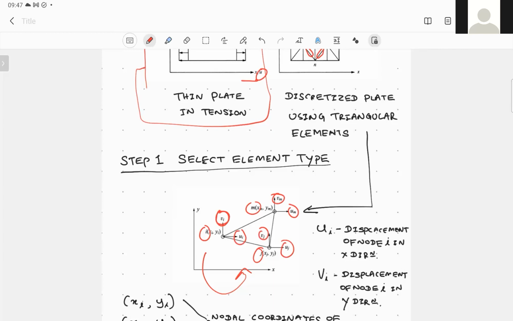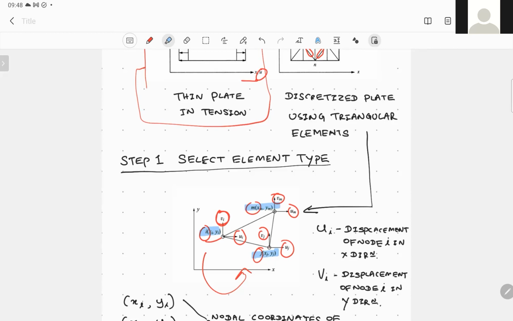And what else do we know? We also know the coordinates of these nodes I, J, and M. What are the coordinates of I? Let's call it xi, comma, yi, which defines the coordinate of the ith node. xj, comma, yj defines the coordinates of the jth node, and similarly the mth node is given by xm, ym.